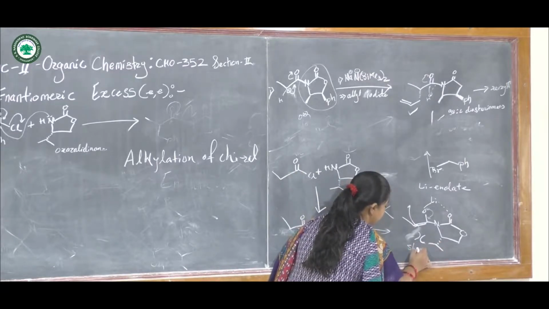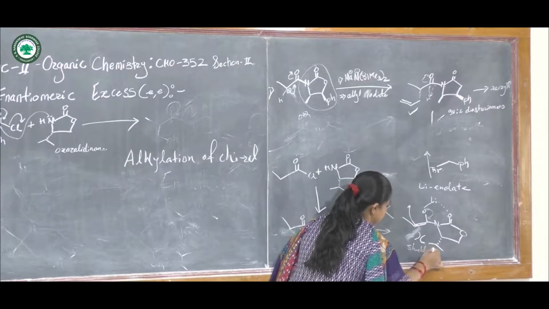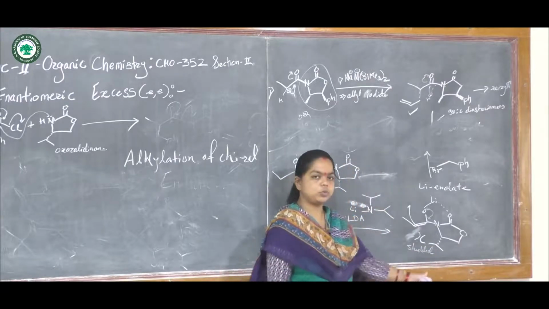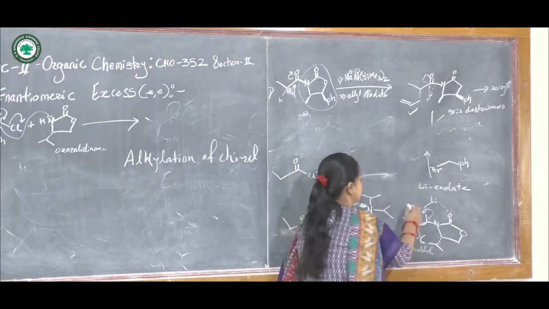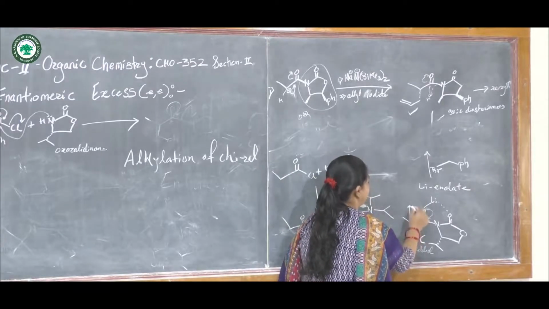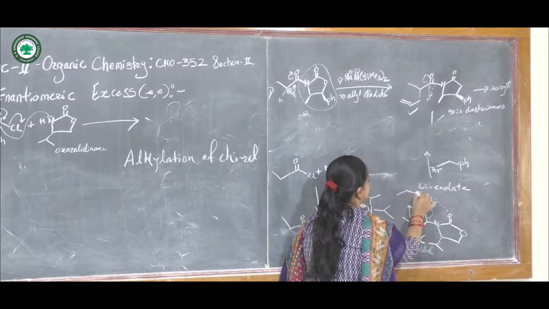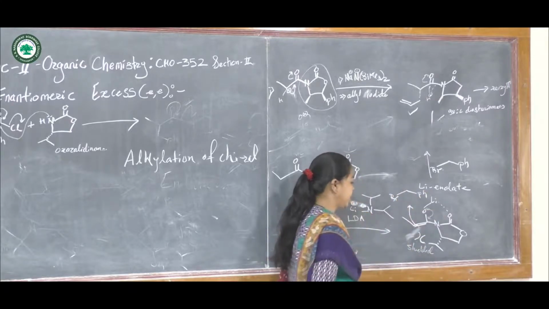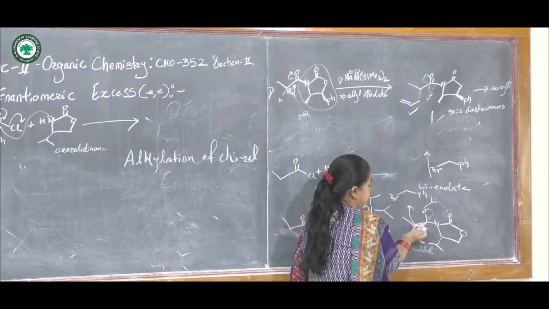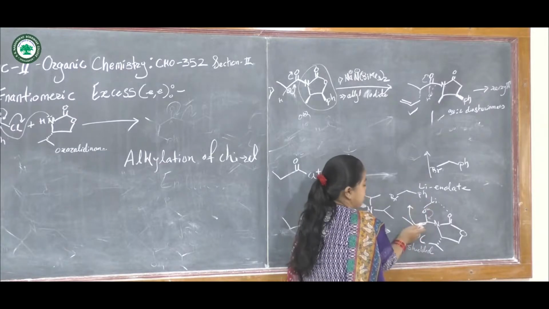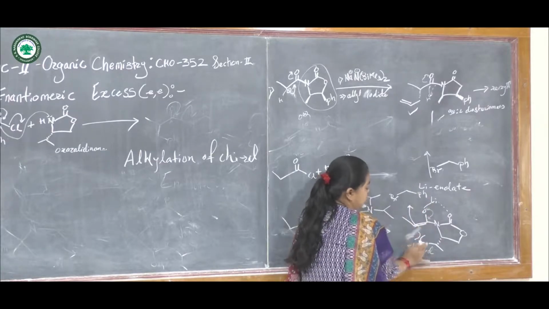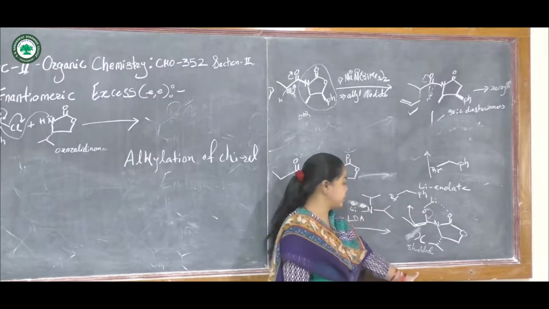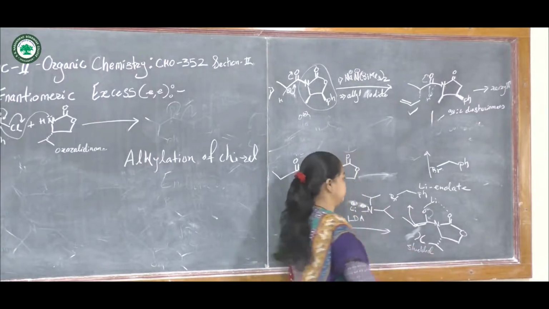It is shielded sterically, protected by the isopropyl group. So the electrophile will approach from the above side, or front face, of this double bond. This is the front face and this is the bottom face. The bottom face is shielded, or protected, by the presence of this bulky group.